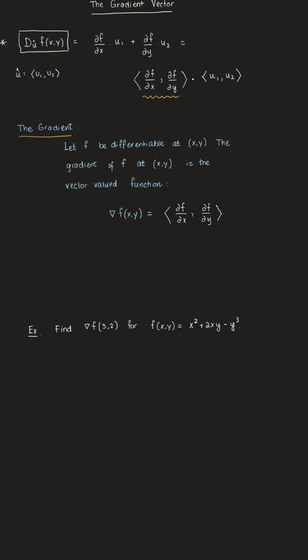We can also write this as the partial derivative with respect to x at our point x, y times our vector i plus the partial derivative with respect to y at x, y times our vector j.